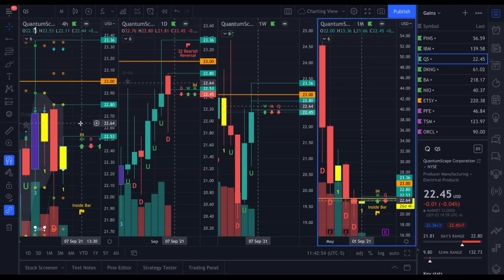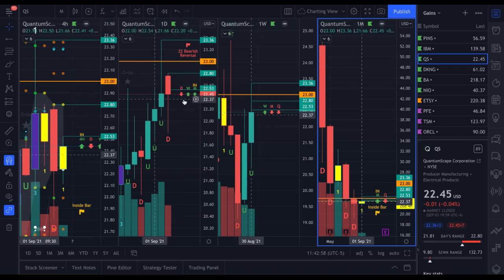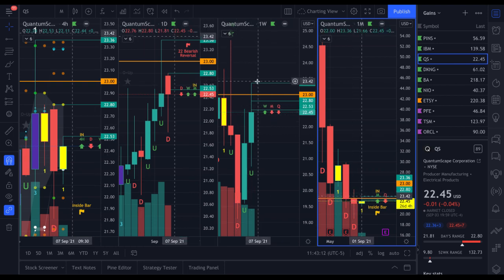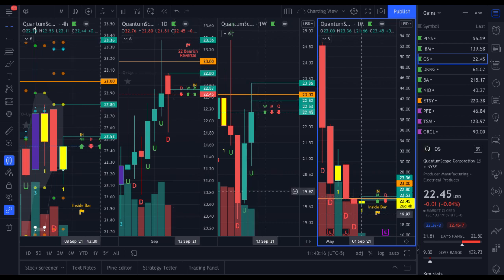So getting in the 23s on this 212 bullish reversal off the 4-hour, and adding to the 23 strikes based off of this 2-2 bullish reversal that we're looking for on the daily. And then at 23.36, that would trigger the 2-2 bullish continuation.